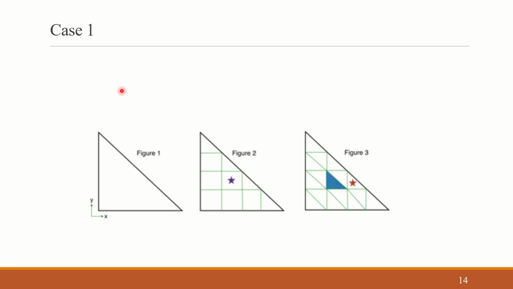Mostly the flow is in the xy direction, and in figures 1, 2 and 3 the division is different. In the finite volume approach we use triangles and squares as well, so the way of discretizing, that is dividing the system, is different in figures 1, 2 and 3.